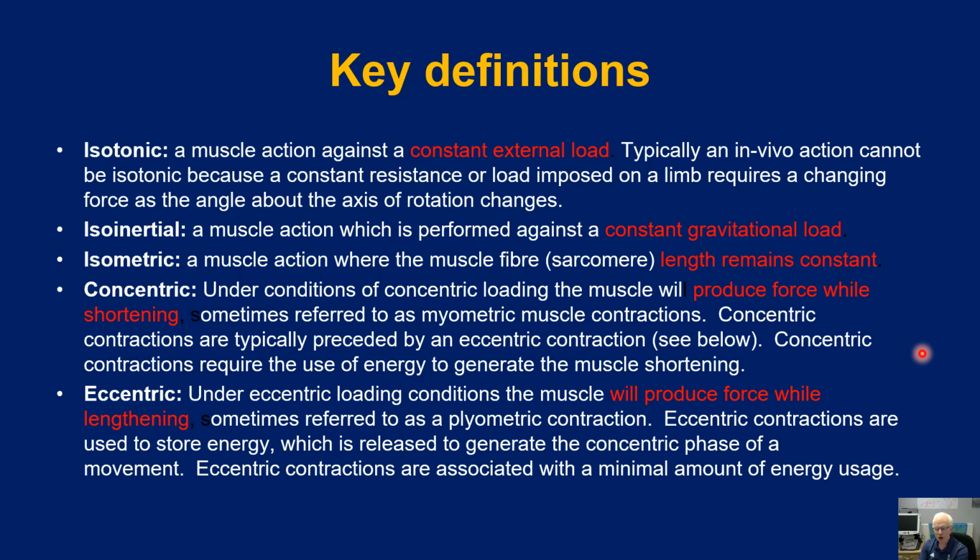Under concentric, we have the notion of shortening, and under eccentric, the notion of the muscle lengthening. So concentric is more associated with accelerational forces, and eccentric is more associated with deceleration or braking-based forces.